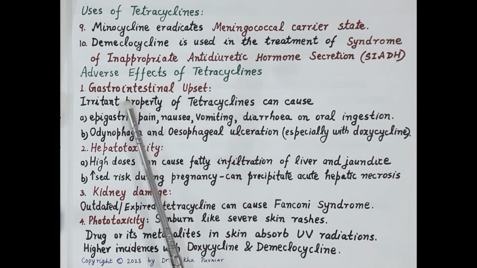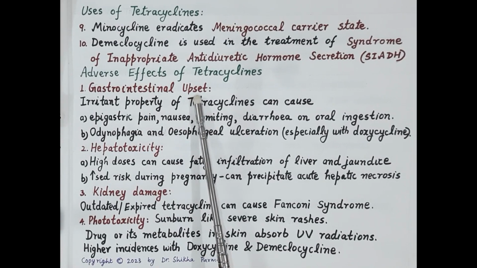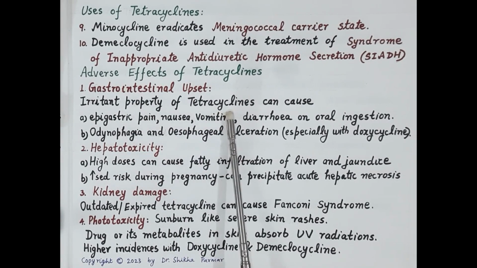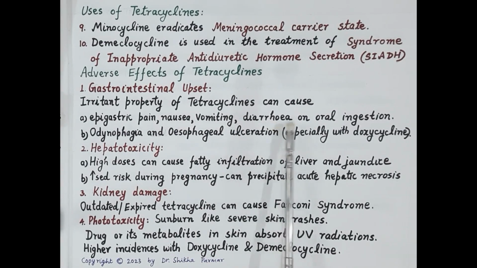Now, first adverse effect is the gastrointestinal upset. Now, tetracyclines possess irritant property. So, irritant property of tetracyclines can cause epigastric pain, nausea, vomiting, diarrhea on oral ingestion.